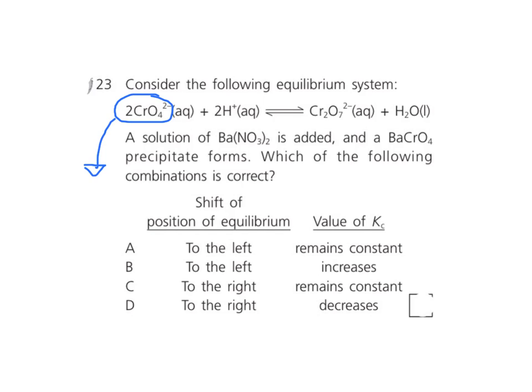Again, using simplistic reasoning, we could then argue that the system will shift to the left in order to produce some more chromate. So choice C and D is not possible. Since temperature did not change, Kc does not change. So A is the best choice, a leftward shift, and Kc is constant.